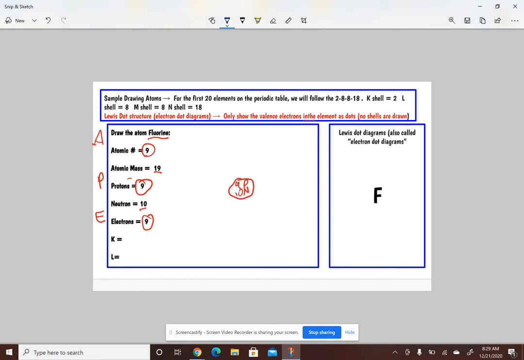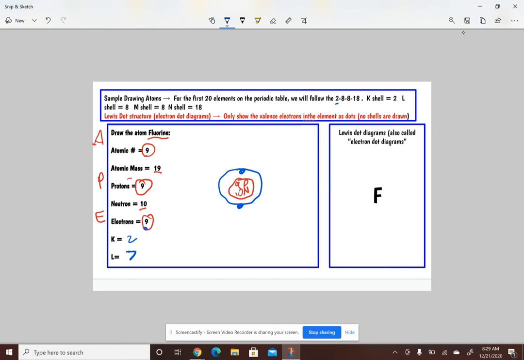Then I need to figure out my electrons. There are 9 of them. My K shell can hold 2, so I can draw my K shell with my 2 electrons. My L shell can hold 8. However, 8 plus 2 is 10, and we don't have 10. We only have 9. So I am going to have 7.